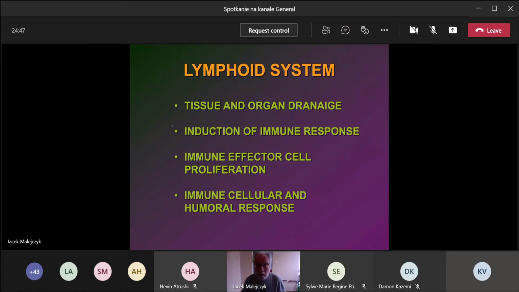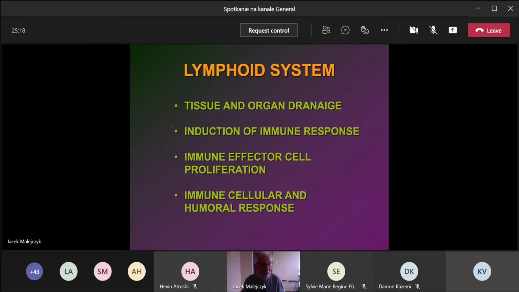The role of the lymphoid tissue is also to induce the immune response, trigger the proliferation of activated immune effector cells, and finally generate the final response, which we call, depending on the cells and the character of the response, cellular or humoral response.